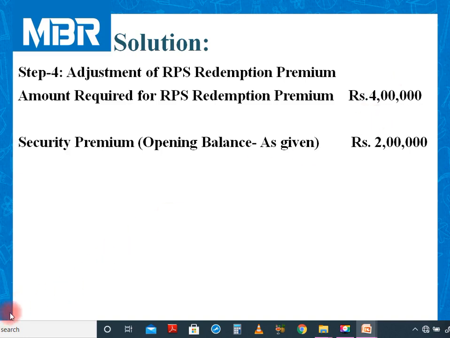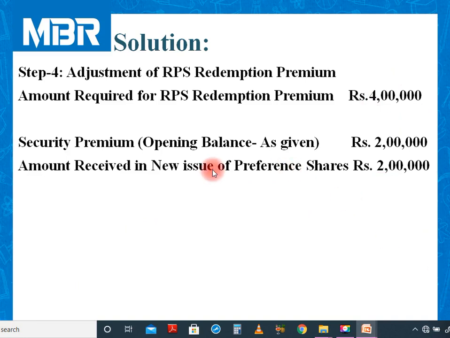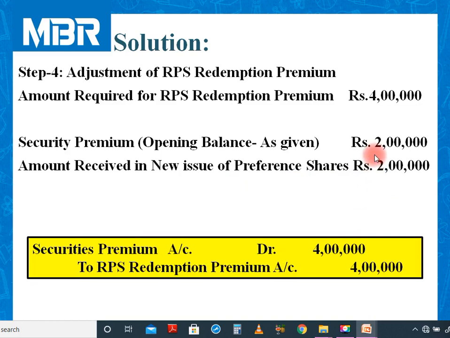Securities premium is available for rupees 2 lakhs, and the amount received in the new issue of preference shares that I explained just before, 2 lakhs. So we can easily adjust rupees 4 lakhs against securities premium account. Securities premium account debited rupees 4 lakhs to RPS redemption premium account rupees 4 lakhs.